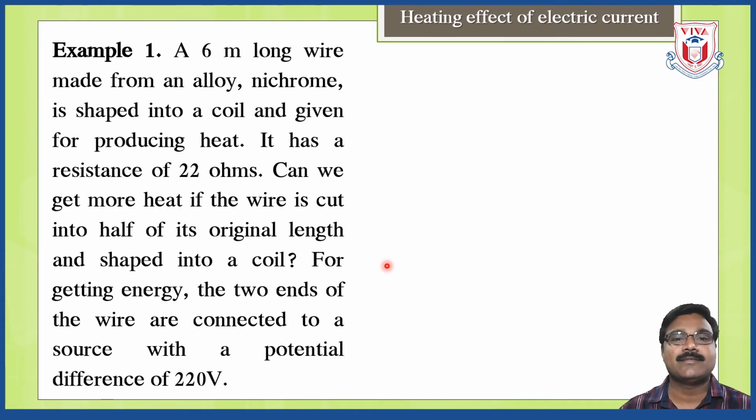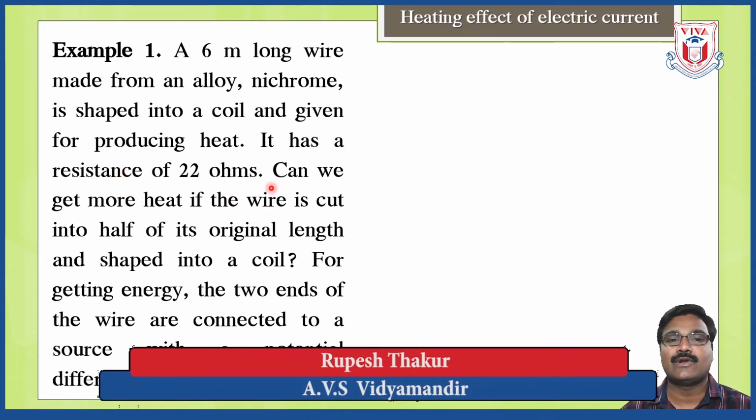Now let us see some examples depending on the heating effect of electric current. Example 1. A 6-meter long wire made from an alloy nichrome is shaped into a coil and used for producing heat. It has a resistance of 22 ohm.